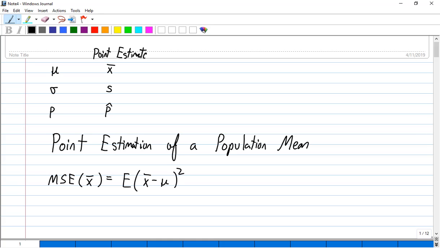The last slide in your PowerPoint says, as we've previously discussed, to be an unbiased estimator, the expected value of the estimator must be equal to the parameter being estimated. Among unbiased estimators of the population mean, the sample mean has the smallest mean squared error. So it would be the best unbiased estimator.